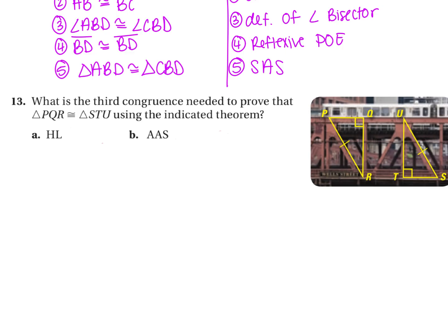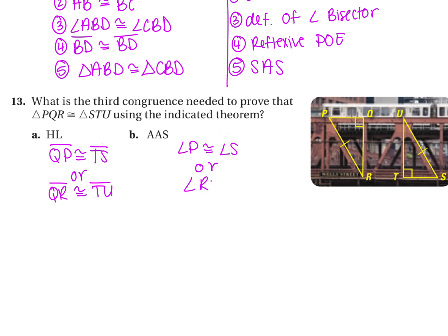My first one, I could have QP congruent to TS, or I can have QR congruent to TU. And then what can I use to prove angle, angle, side? Angle P has to be congruent to angle S, or angle R has to be congruent to angle U.